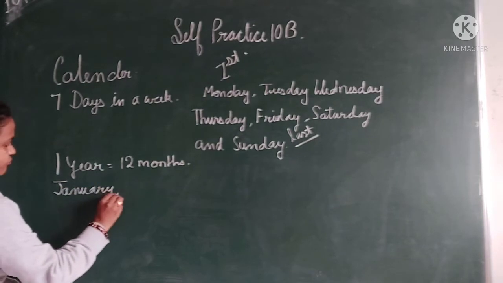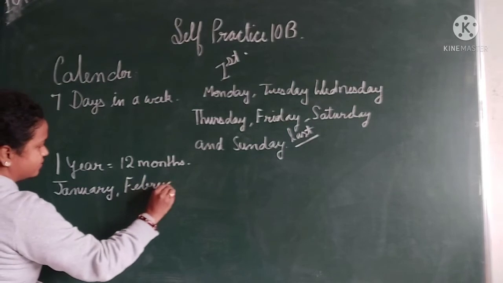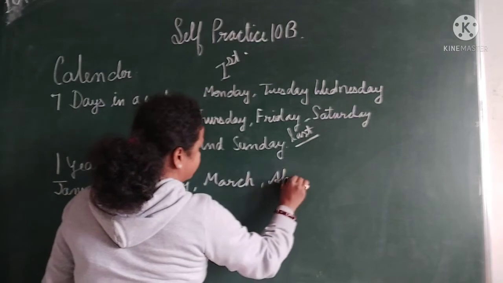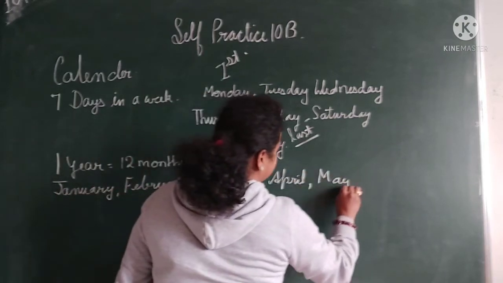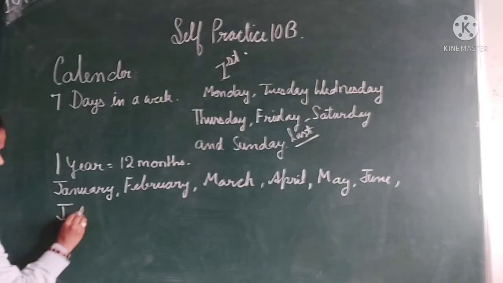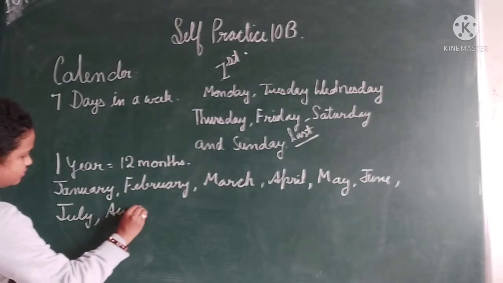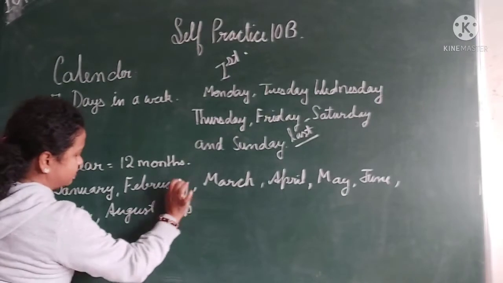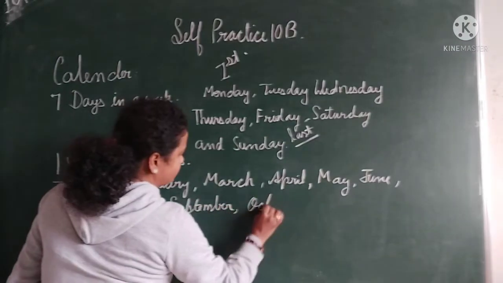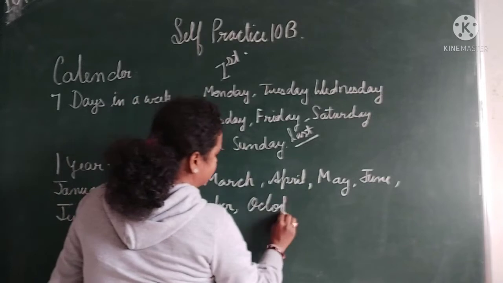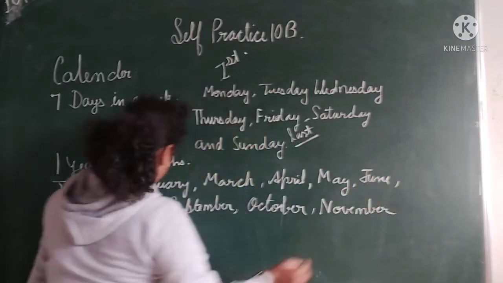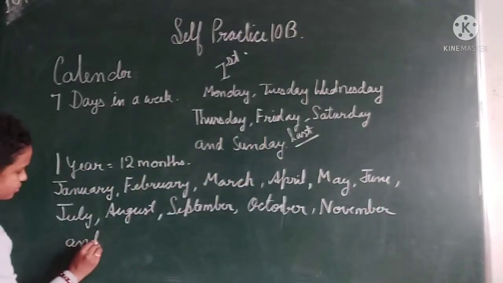January, February, March, April, May, June, July, August, September, October, November and December.